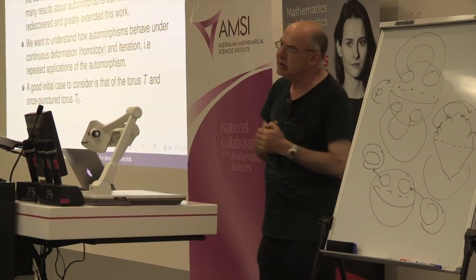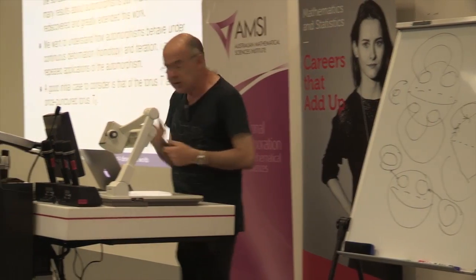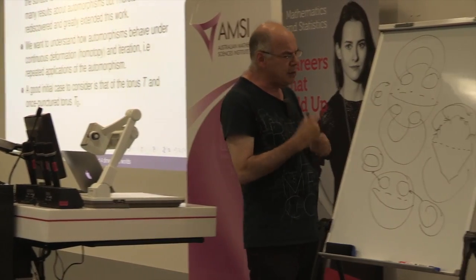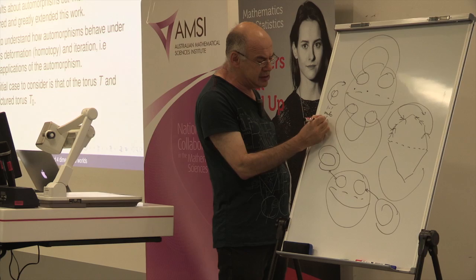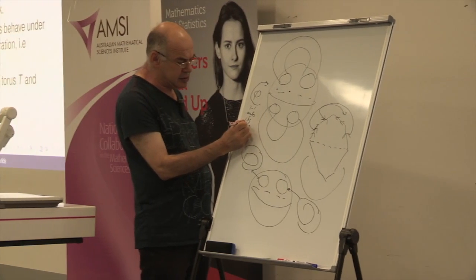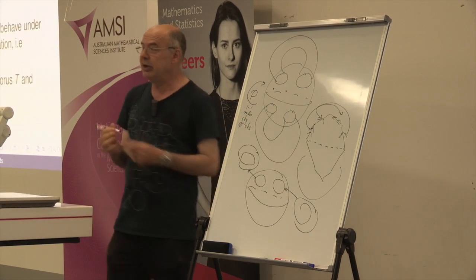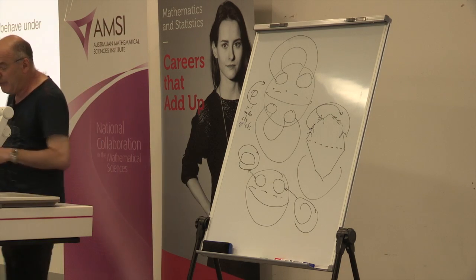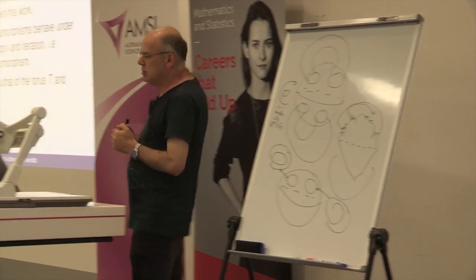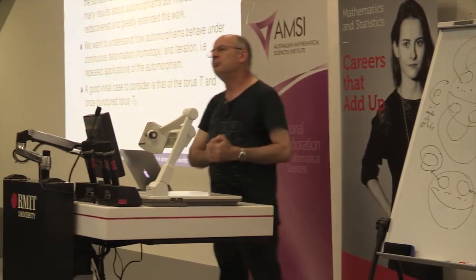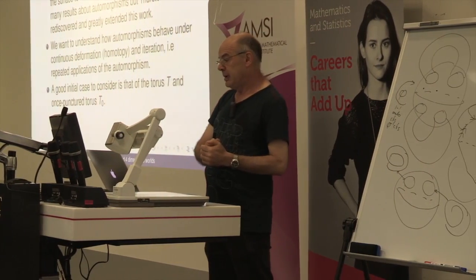So in our case, topologically, what we're interested in is one-to-one and onto maps which are continuous and phi inverse is continuous. Okay, so this is what we mean by automorphism. In other words, a homeomorphism, mapping from the surface to itself, which preserves the topological structure.